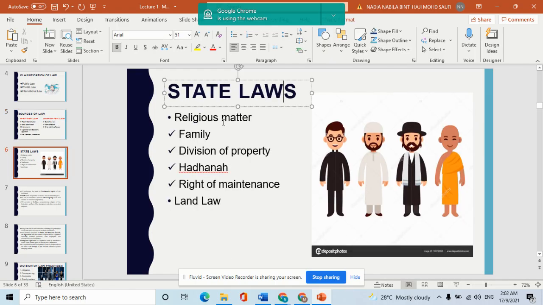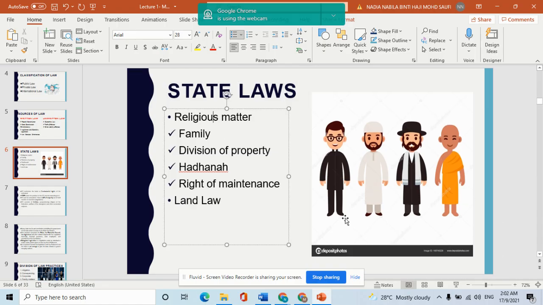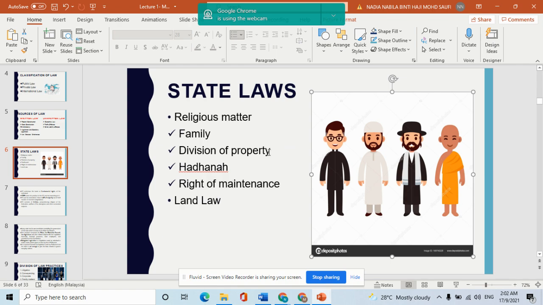So what is governed under state laws or the state constitution? Number one is religious matters, including family, division of property, hadanah, and rights to maintenance. Family here includes divorce, adoption, guardianship, everything. For division of property, if you're a Muslim, it would be faraid.